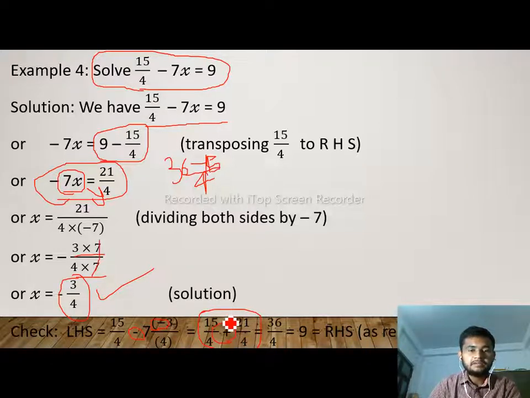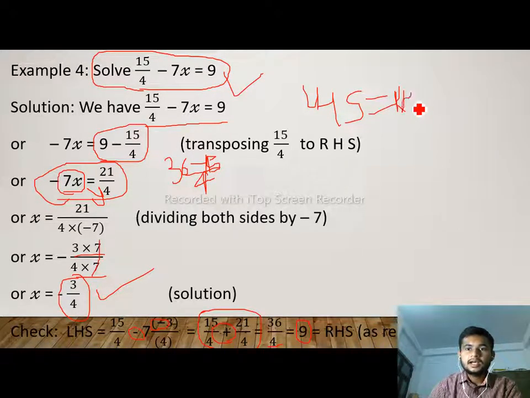Then adding 15 by 4 plus 21 by 4, we take 4 as the LCM. 15 and 21 get added, it becomes 36, and 9 4s are 36. So our LHS is 9 and RHS is 9. So LHS equals RHS. That means our answer x equals minus 3 by 4 is correct.